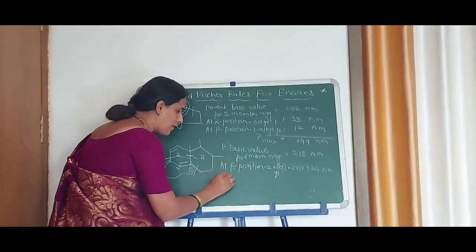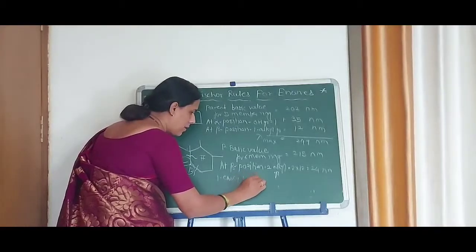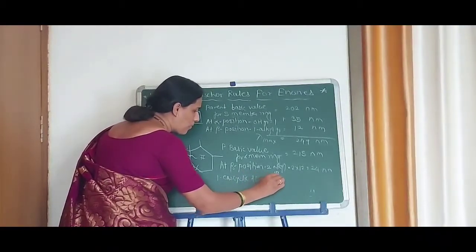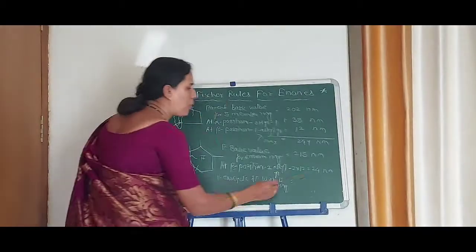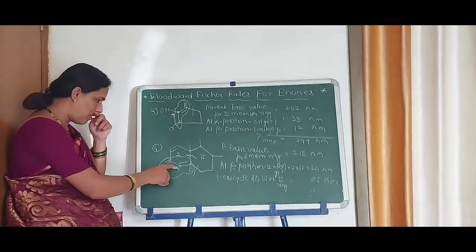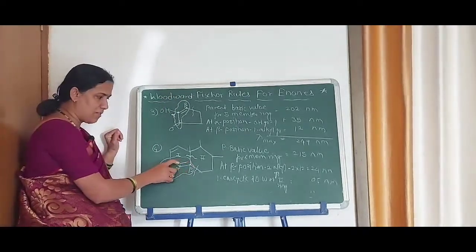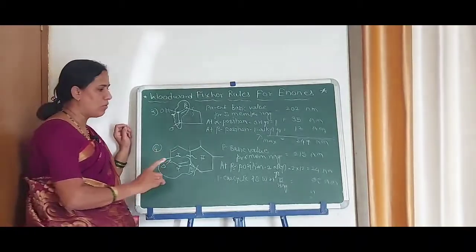That is one exocyclic double bond with respect to the second ring. Therefore, you have to add 5 nanometer. Okay, here how many values do you have to add? That is 5 nanometer.